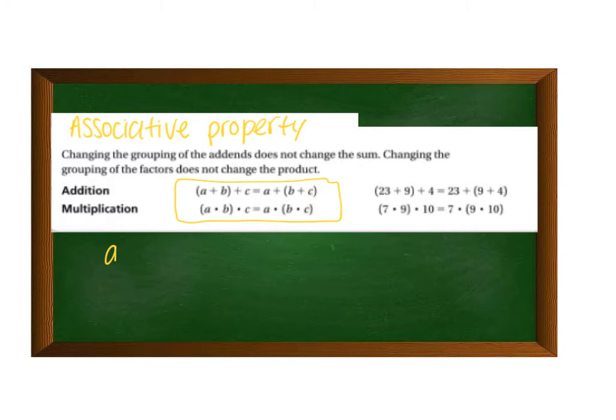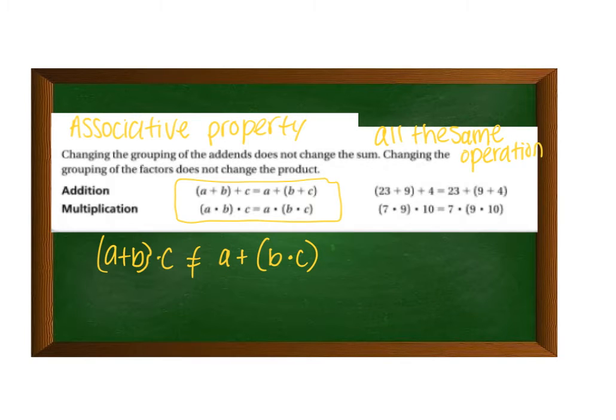So if this was a plus b multiplied by c, that does not equal a plus b times c. See how we regrouped it where we moved the parentheses around the b and the c? This is not true. It has to be all the same operation.